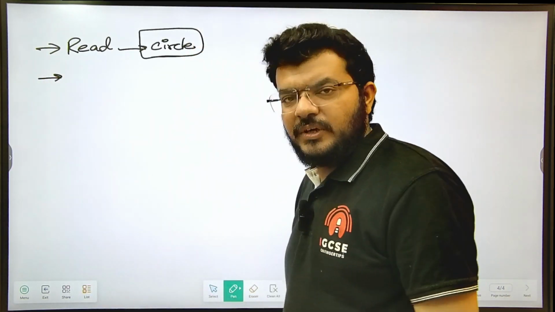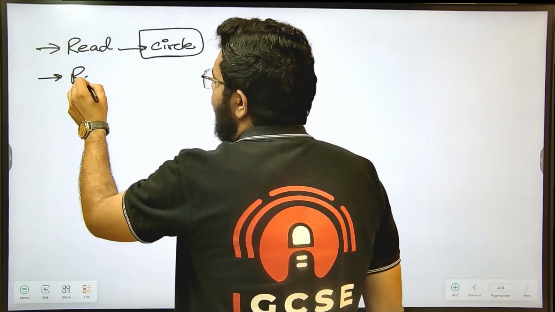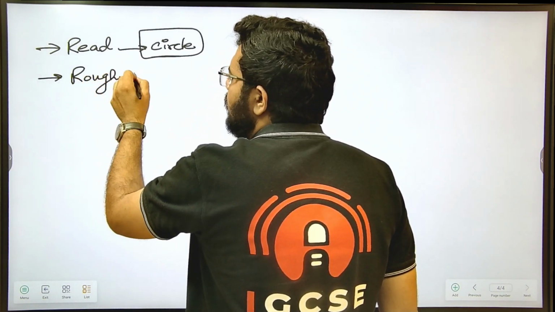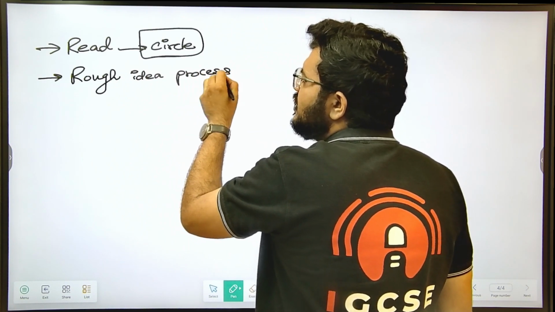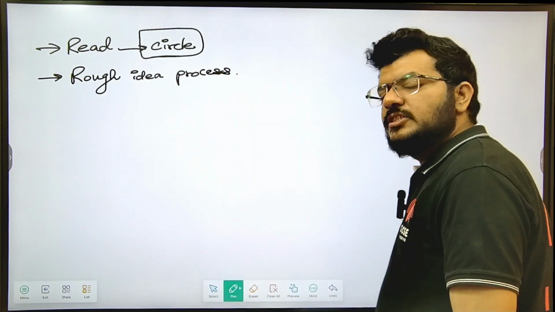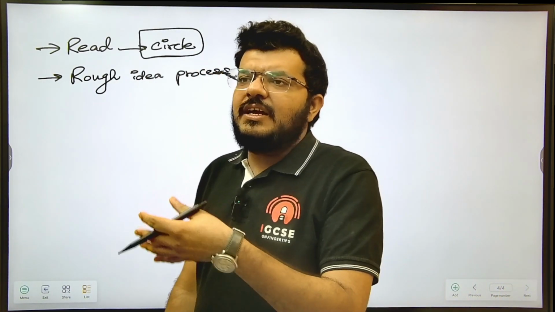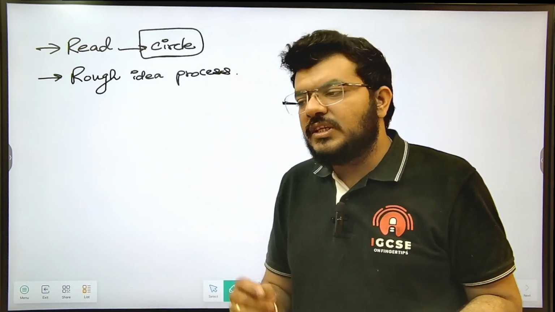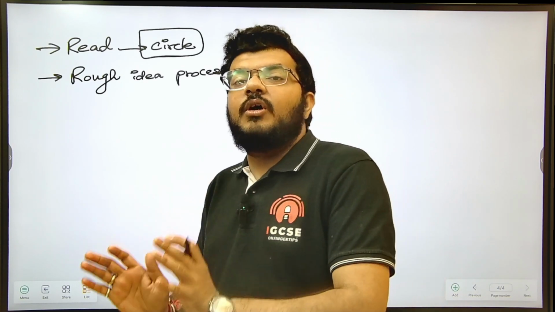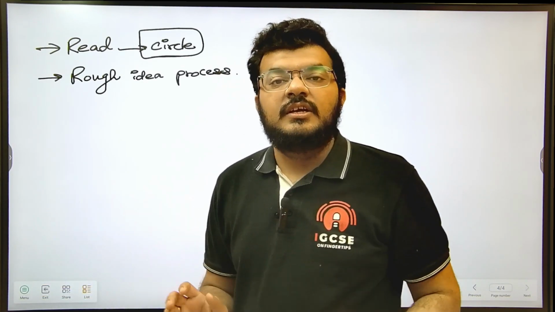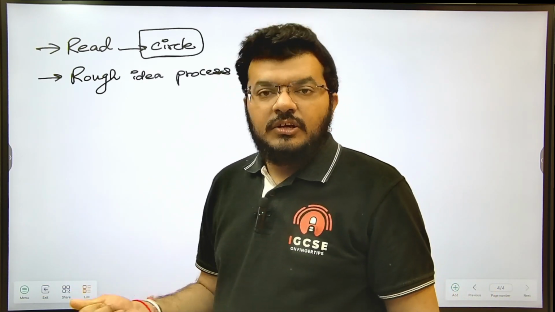After you read your question, make a rough idea of the process. Let's say for example in the balloon experiment, I make a rough idea that I will fill the balloon with the help of a pump. I cannot measure the volume of the air that is pumped in. There is no way I can do that.